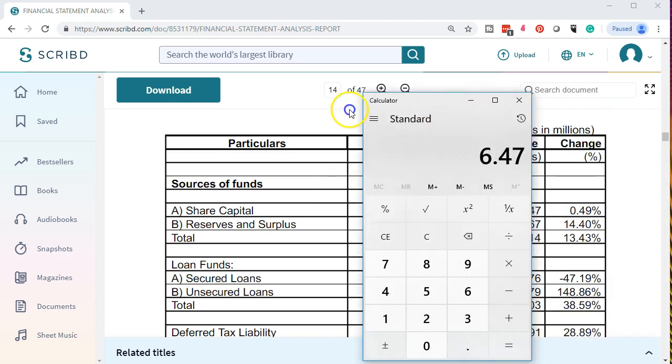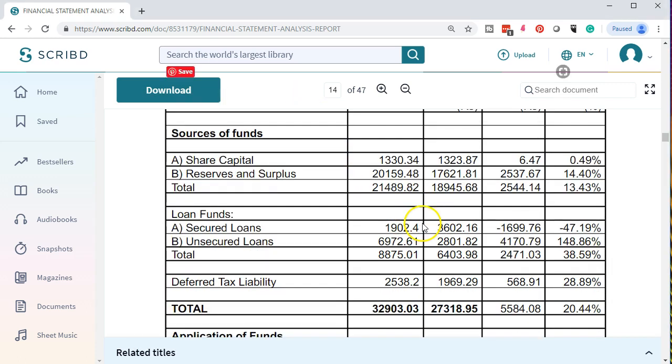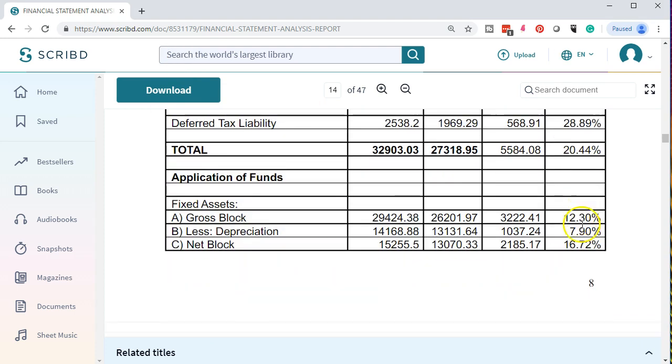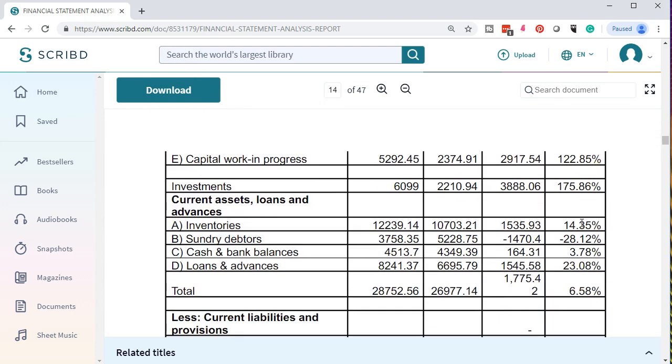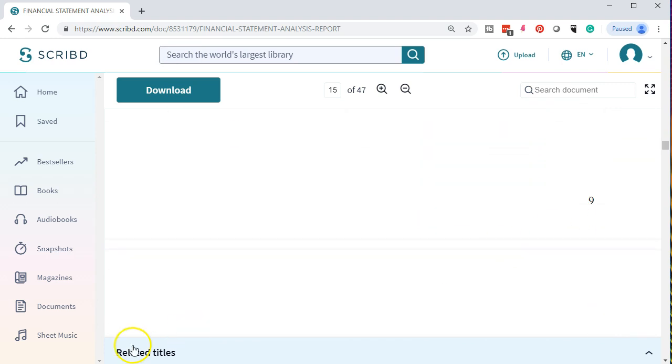That's going to give us our 6.47, and we'll divide that by the prior year, which is the 1323.87. And that's going to give us, if we move the decimal point over, the 0.49. So you can see how this horizontal analysis is basically breaking out in that format, doing the year over year type of analysis through the accounts on the financial statement for the balance sheet.